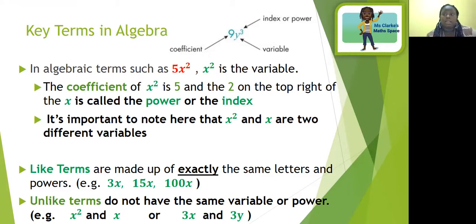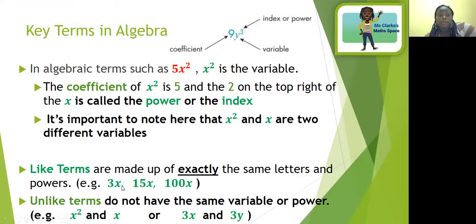They have different coefficients, but the same variable x, so they are like terms. Unlike terms, on the other hand, will not have the same variable, so it might be an x and a y, or it might be the same letter x but with different powers, such as x squared, x cubed, and x. Those will be three separate variables.